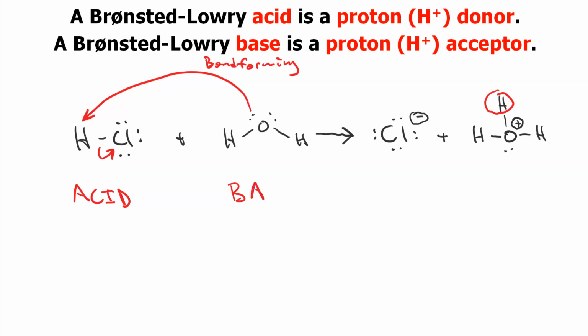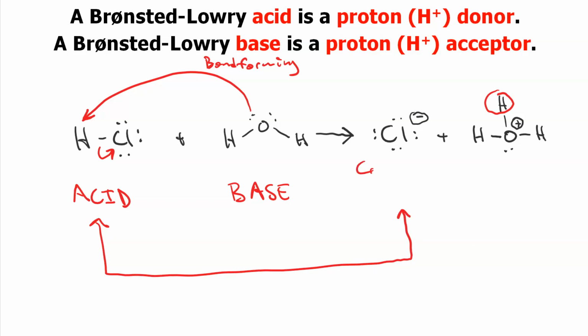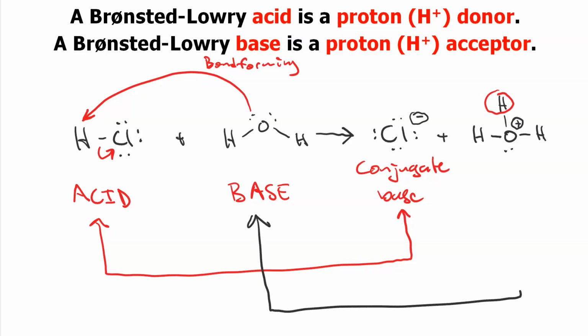Now, HCl and Cl- are related. The Cl- is what we call the conjugate base of HCl. And the H3O plus is what we call the conjugate acid of water.